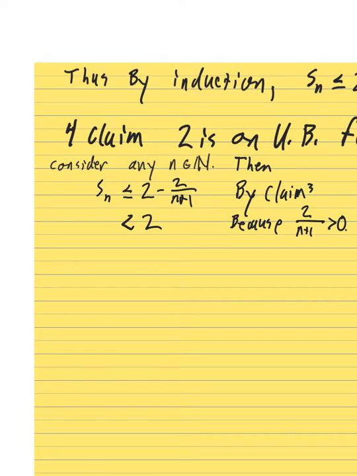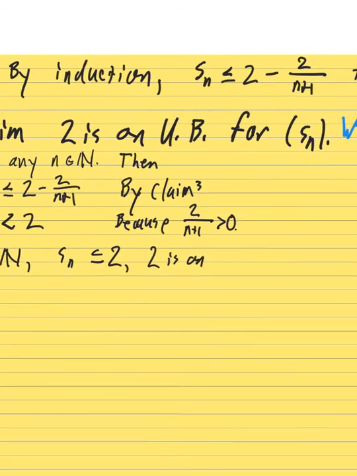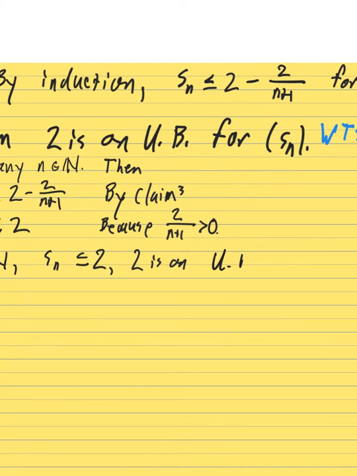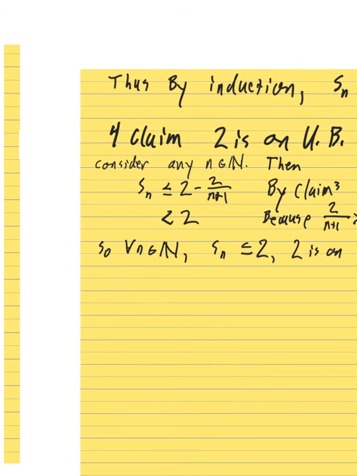That's all I needed. So I can prove something is true for any natural number n. So that means for any n in N, S sub n is in fact strictly less than 2, but I'll be happy enough with less than or equal to 2. 2 is an upper bound. And now I'm basically done.